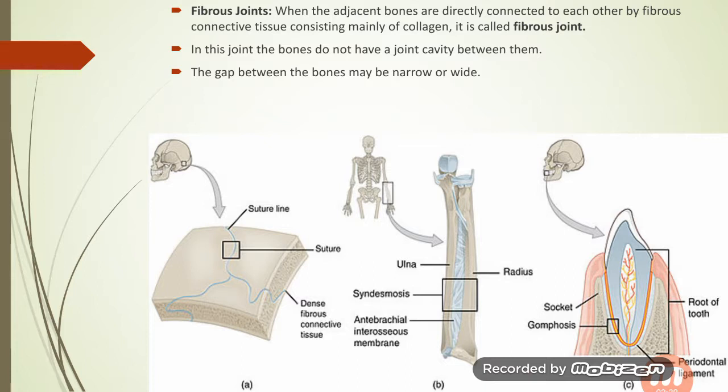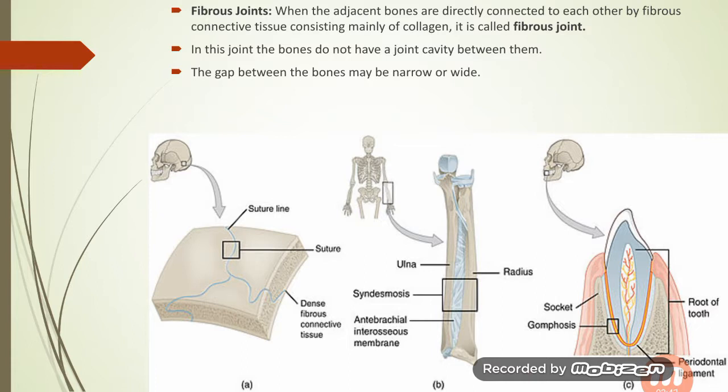Syndesmoses are the joints which connect the bones by the ligaments, the bands of fibrous tissues. When the fiber length varies, the movement of the joint varies.